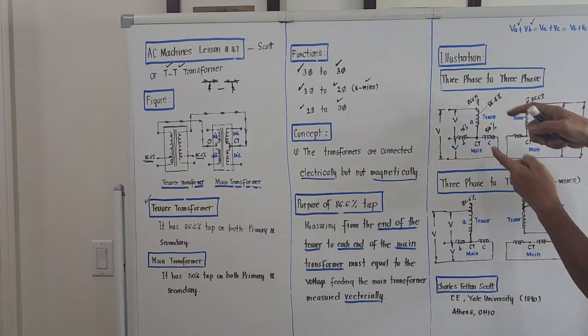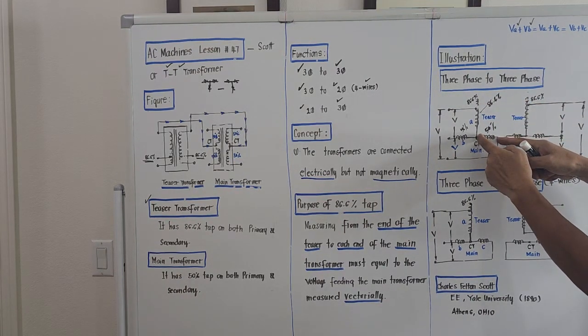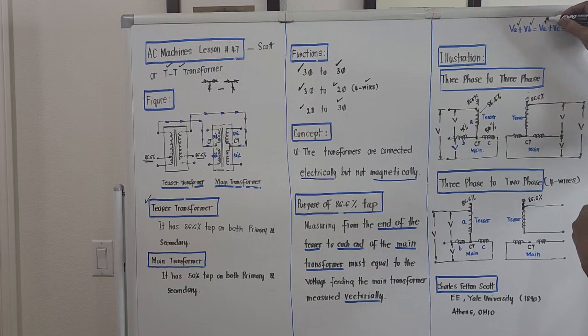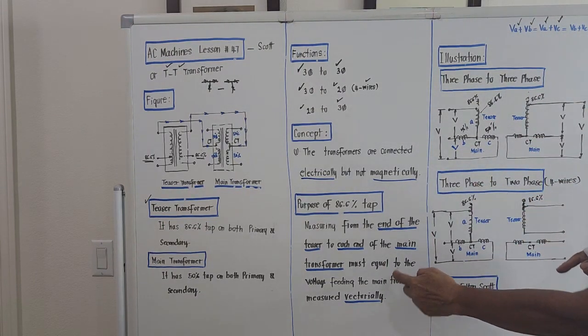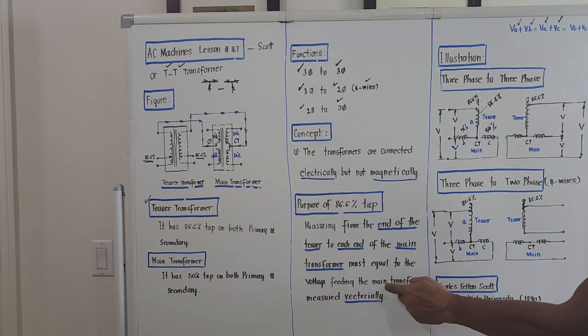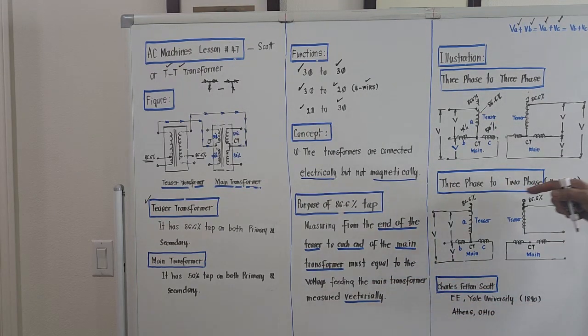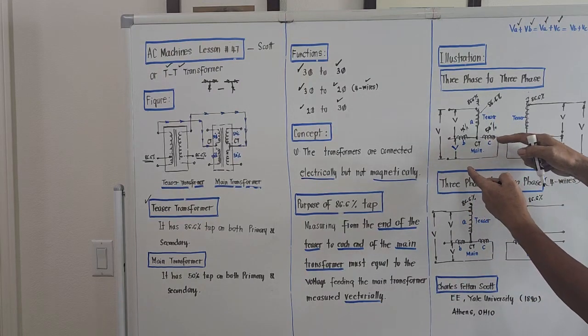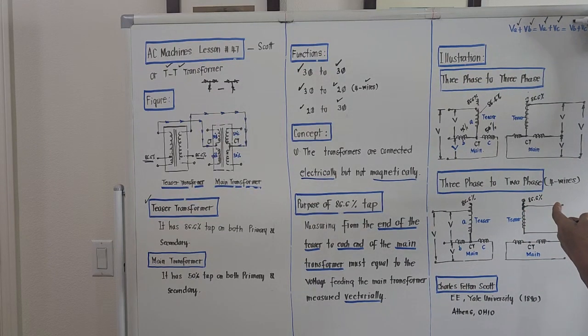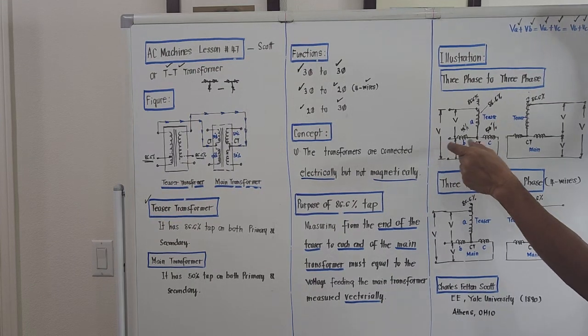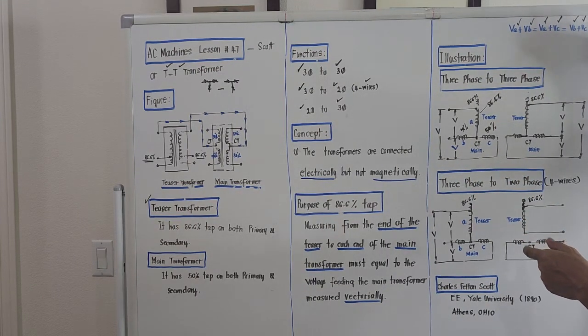And the voltage A plus voltage C. So voltage A plus voltage C must be equal to the voltage feeding the main transformer vectorially. And the voltage feeding the main transformer is actually the voltage between B and C, and this should be equal to voltage B sub B and B sub C. From my designation here, I will just put this one as capital letter B. That's the meaning of this.